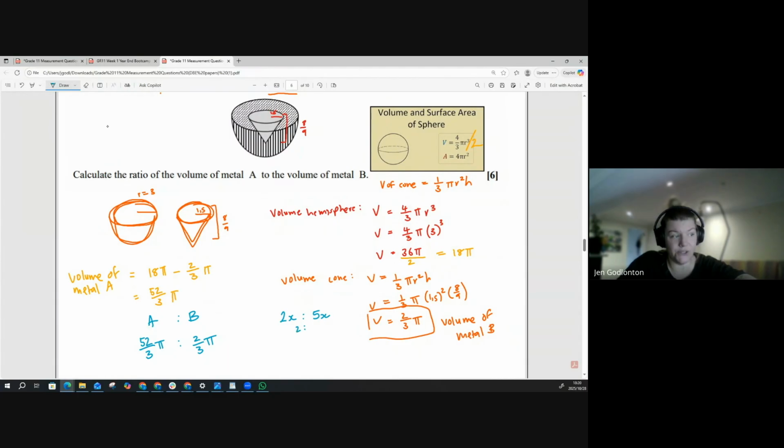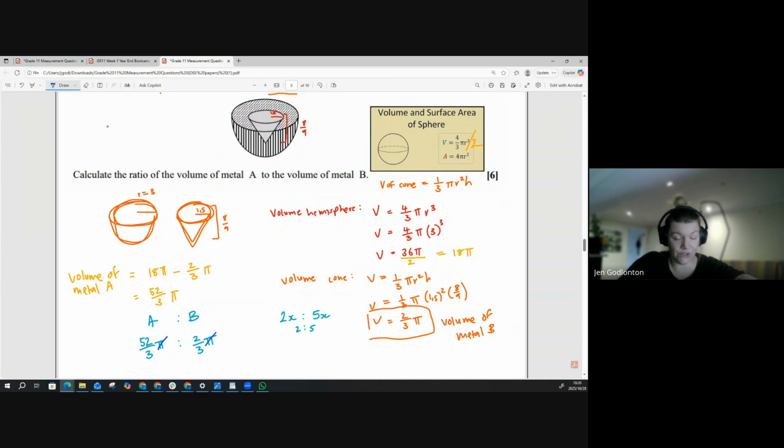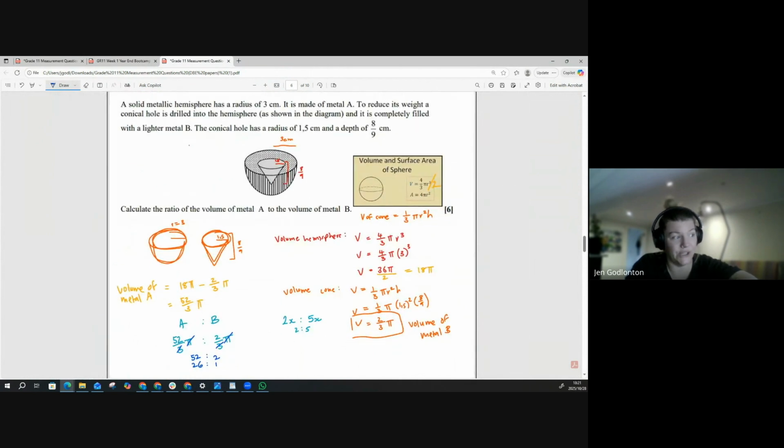It would just be 2 to 5, right? So in this case, we've got the pi's on both sides, so they cancel. We've got a denominator of 3 on both sides, so they cancel. So what we're left with is 52 to 2. And then we want to simplify that as much as we can. And that's going to give us 26 to 1. And that is going to be our final ratio of metal A to metal B.